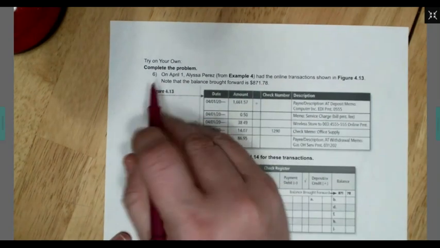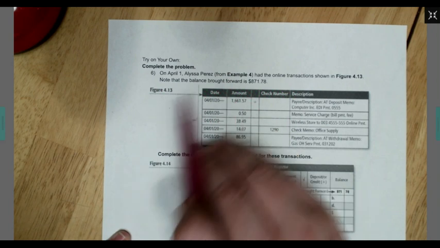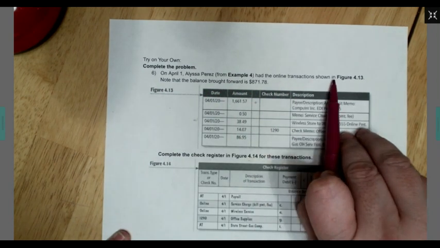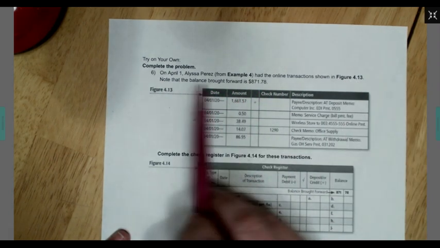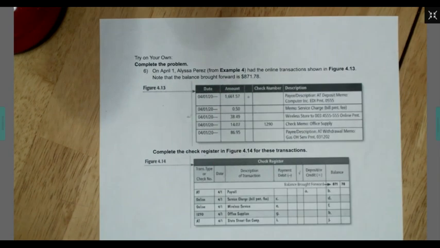it says, try on your own. On April 1st, Alyssa Perez, from example 4, had the online transactions shown in figure 4.13. Note that the balance brought forward is $871.78.